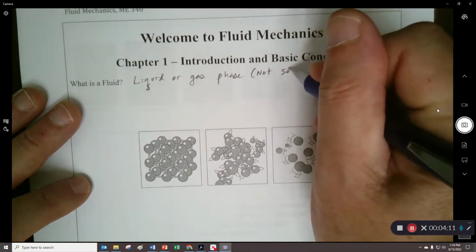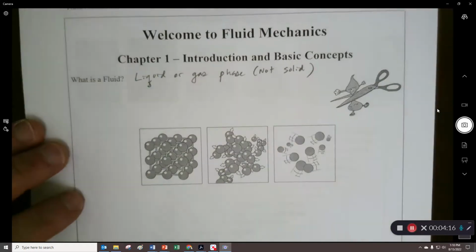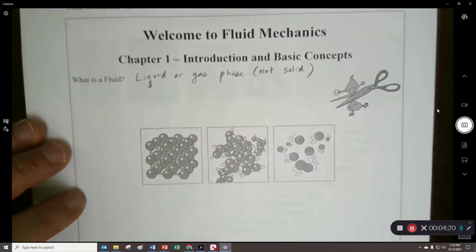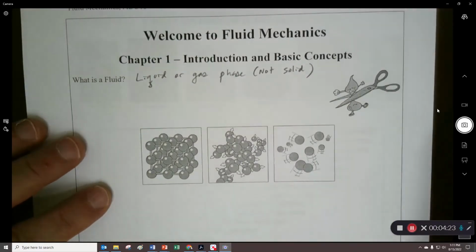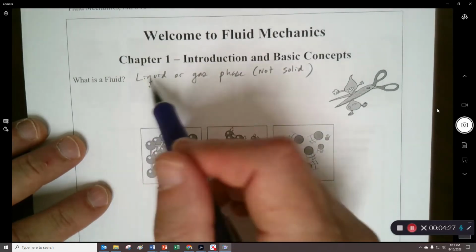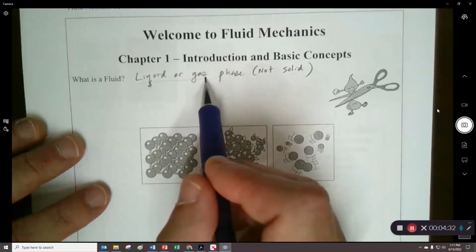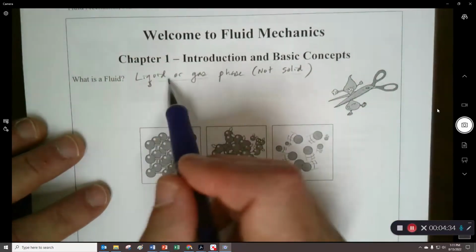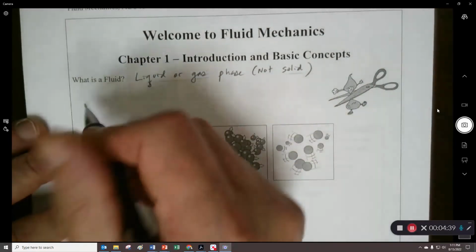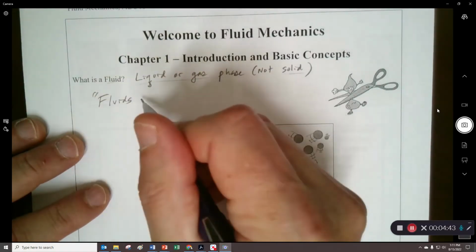You have 3 phases if you don't include plasma, and the fluids are the liquids and the gases, so they're not solid. So it's a good idea to compare them. What is the difference between a liquid or gas and a solid? What makes something a fluid different from a solid? And that is that fluids can't sustain a shear.